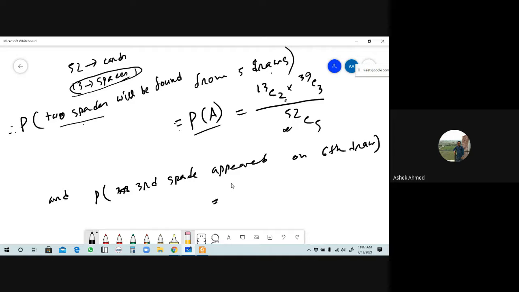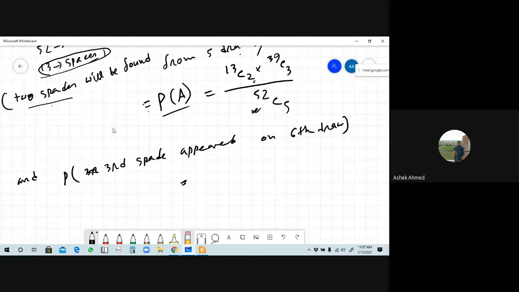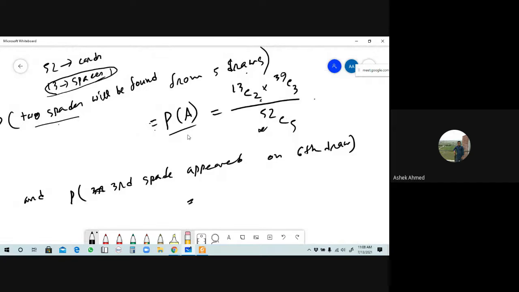Okay, in that case tell me here, যেটা আমাদের কনসেপ্ট আছে উইদাউট রিপ্লেসমেন্ট, তাহলে এই যে প্রথম যে প্রবলেমটা করছো এখানে কতটা তুমি স্পেড অলরেডি ড্র করে ফেলছো? স্যার 5টা। তুমি কার্ড ড্র করছো 5টা, তার মধ্যে স্পেড কতটা আছে? 2টা আছে। তাহলে যেহেতু ড্রটা উইদাউট রিপ্লেসমেন্ট, ফ্রম হিয়ার টেল মি, 5টা কার্ড ড্র করে ফেলছো, হাউ মেনি রিমেইনিং কার্ডস আর দেয়ার? 47.